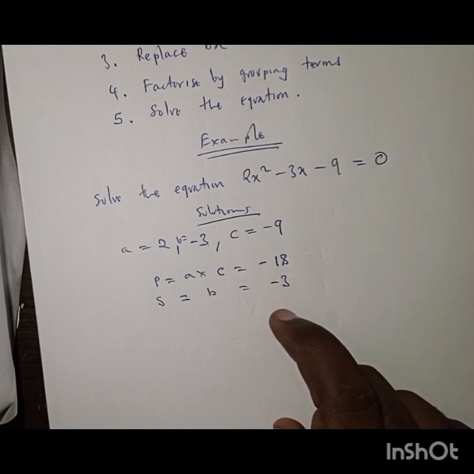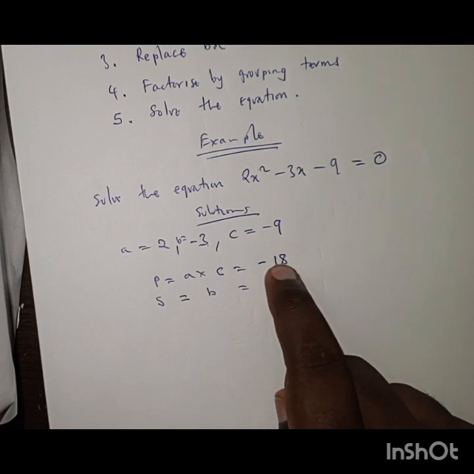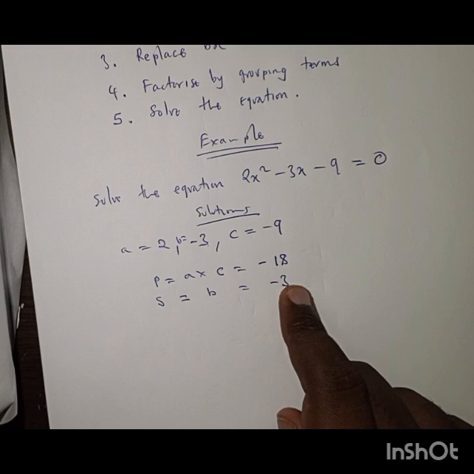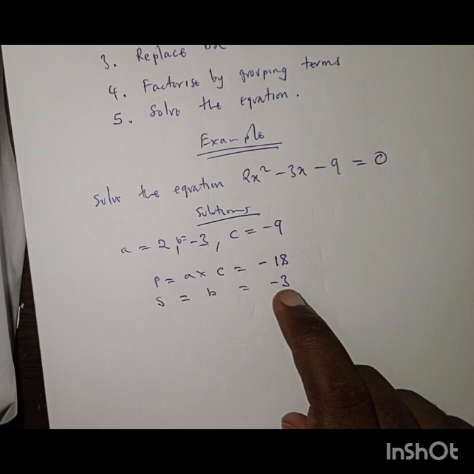So what of 3 and 6? -3 times 6 is -18, but -3 plus 6 is not -3, it is +3. We're supposed to have a negative, so let's change the sign. If you have 3 and -6, 3 times -6 gives -18, and 3 minus 6 gives -3.